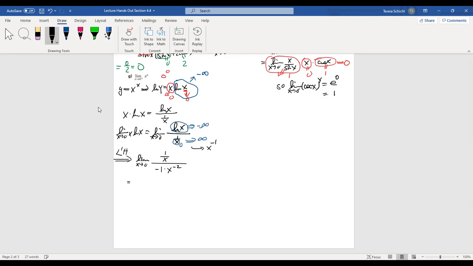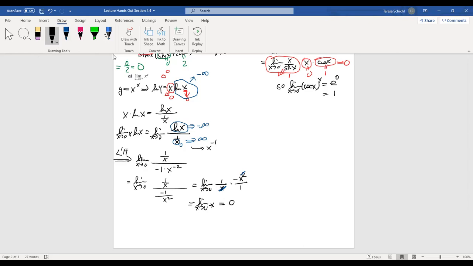So this is negative 1 over x squared. Flip it, okay? All right, so you flip it, and then you can cancel 1. So I only have the limit as x approaches 0 of negative x. So what is here is 0.